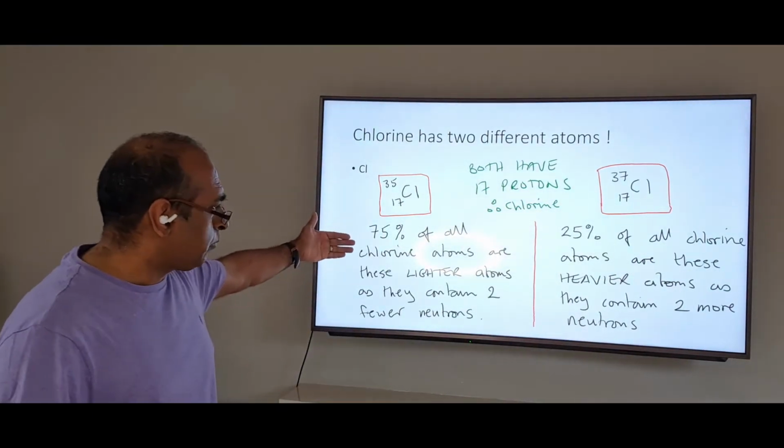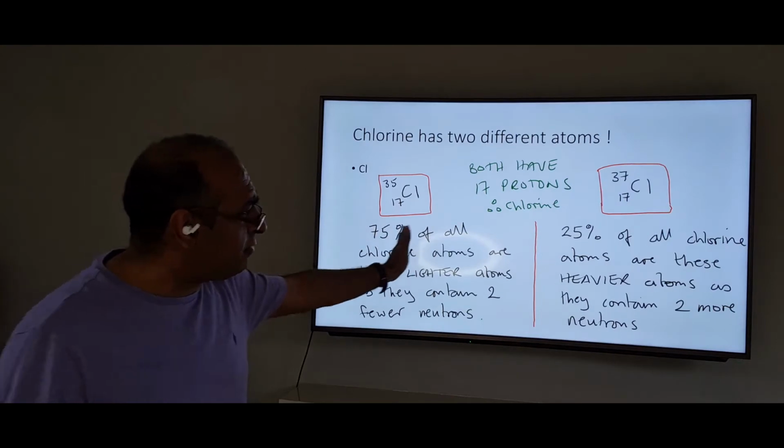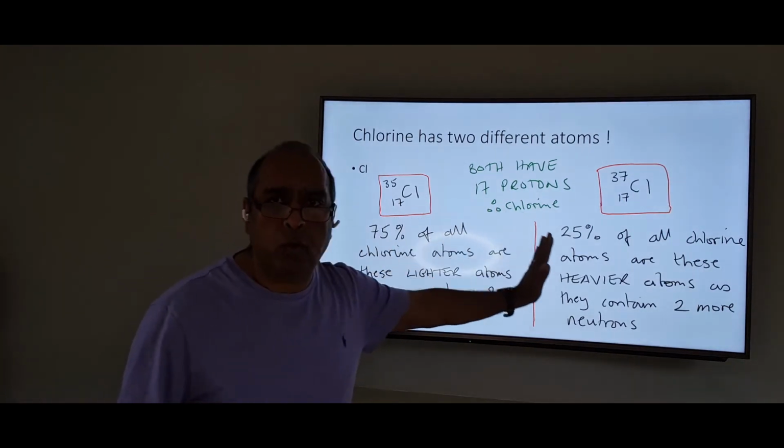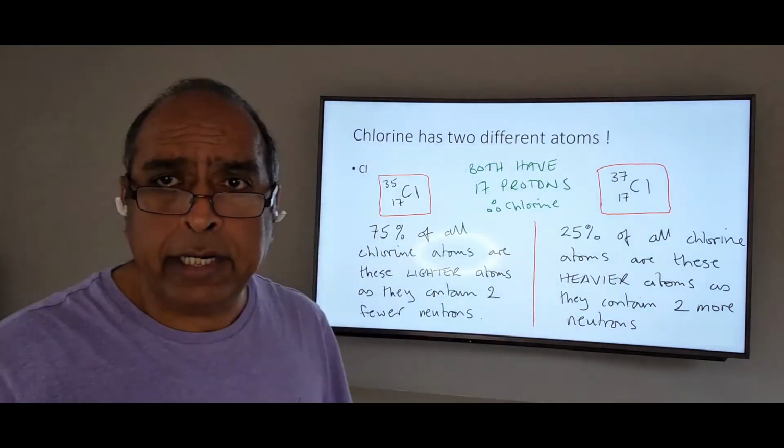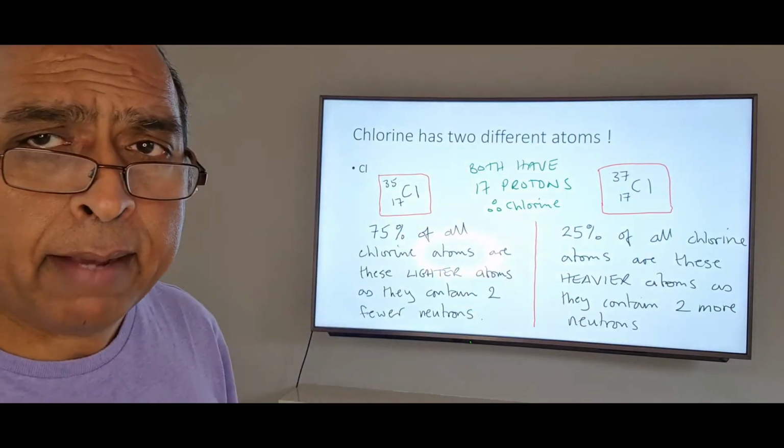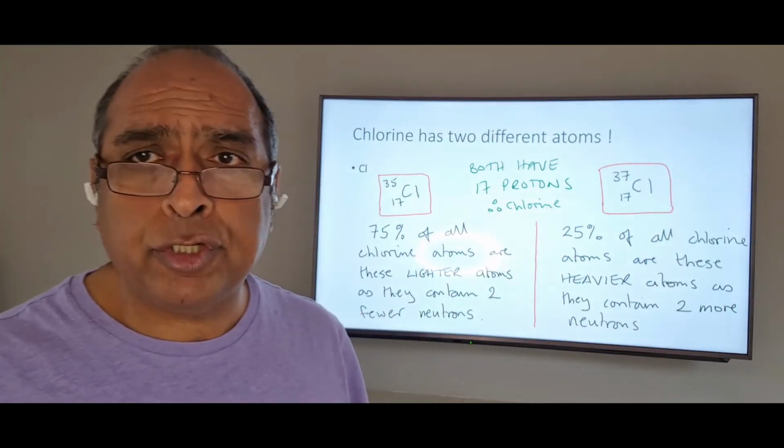So this ratio, 75 to 25, 3 to 1, is famous and I'm going to use it in a minute to do a calculation.